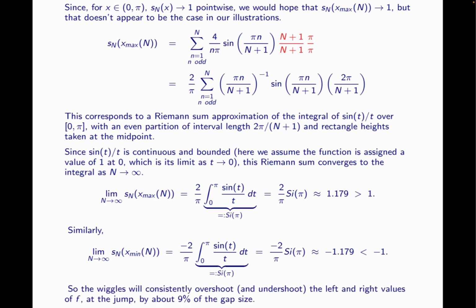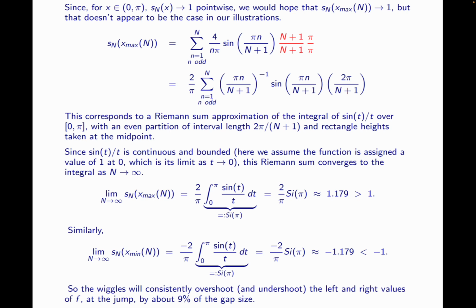So the wiggles will consistently and always overshoot and, of course, undershoot the left and right values of f at the jump by about 9% of the gap size. So the gap from negative 1 to 1 is, of course, 2. And we're overshooting by about 0.18. Right, so 0.18 over 2, it's about 9% of the size of the jump.